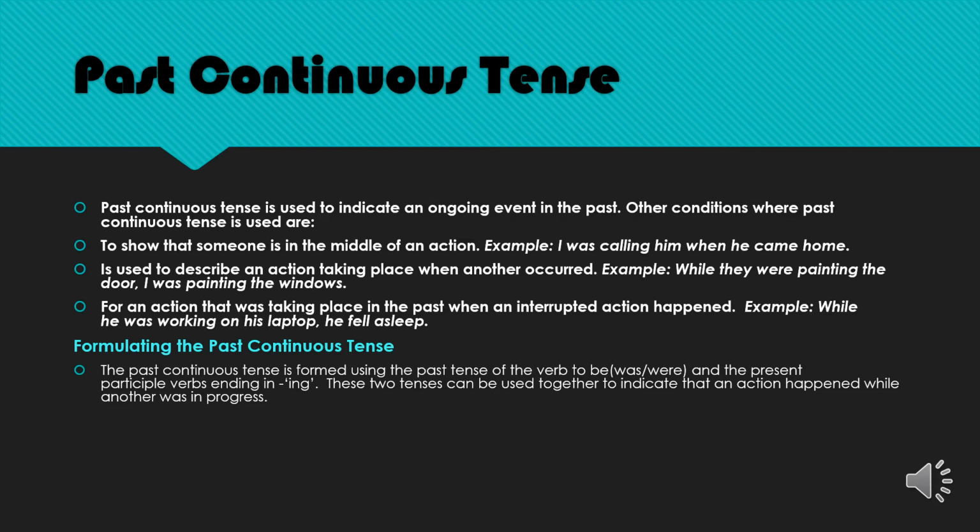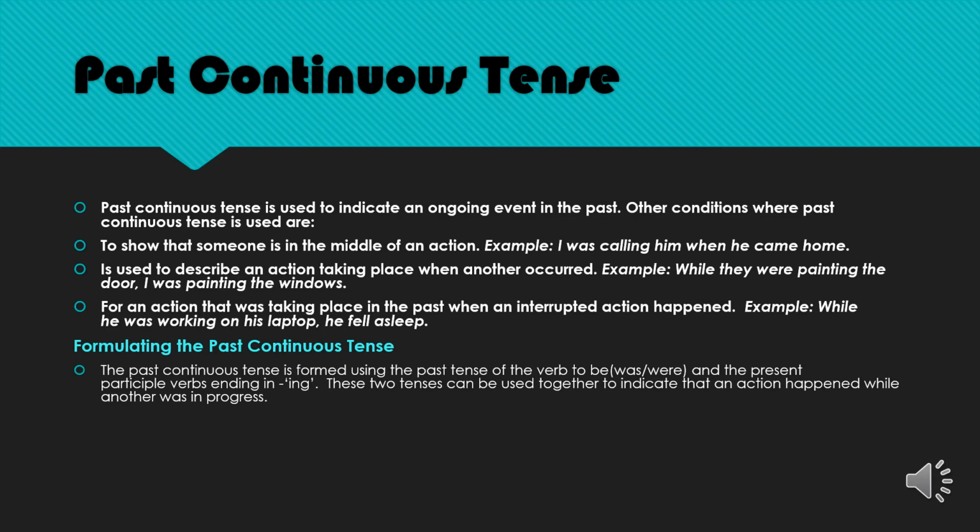It is used to describe an action taking place when another occurred. Example, while they were painting the door, I was painting the windows. For an action that was taking place in the past when an interrupting action happened. For example, while he was working on his laptop, he fell asleep.